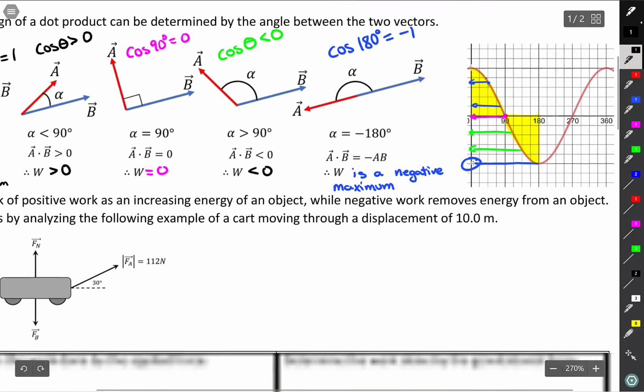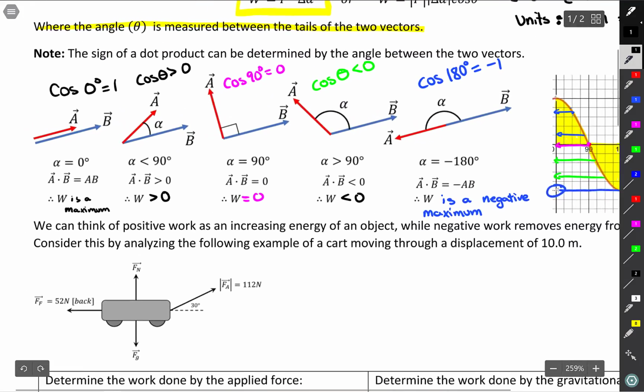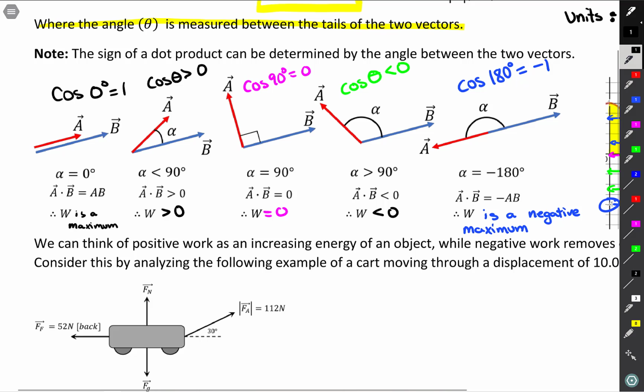Okay, so let's take a case here and go back to discussing our vectors. One thing that we can always think about is if we're doing positive work, we're actually increasing the energy of the object. Imagine you have a box, you're pushing east and the box is moving east. Well, the box is going to accelerate, which means you're giving energy to the box.